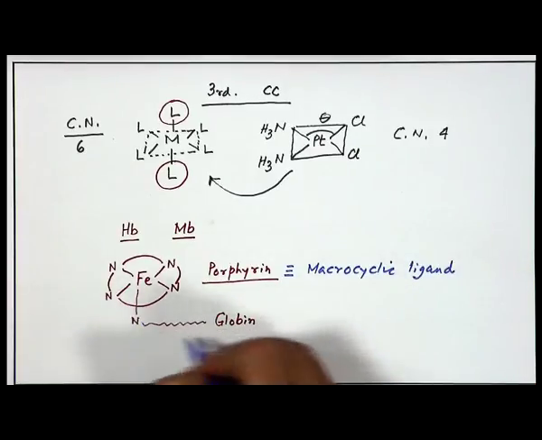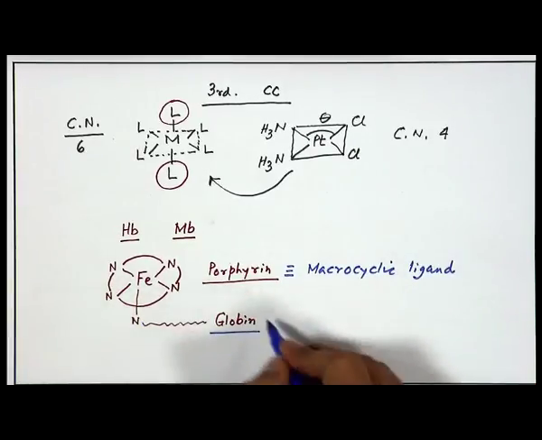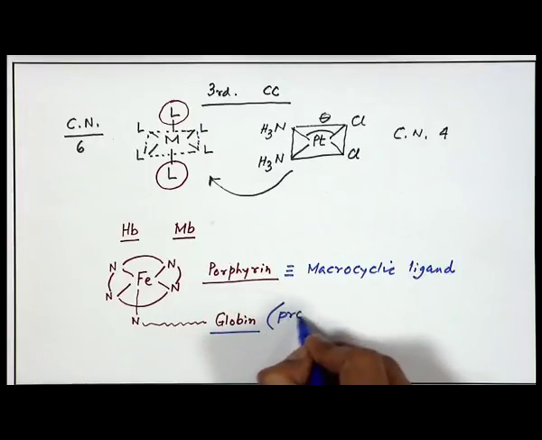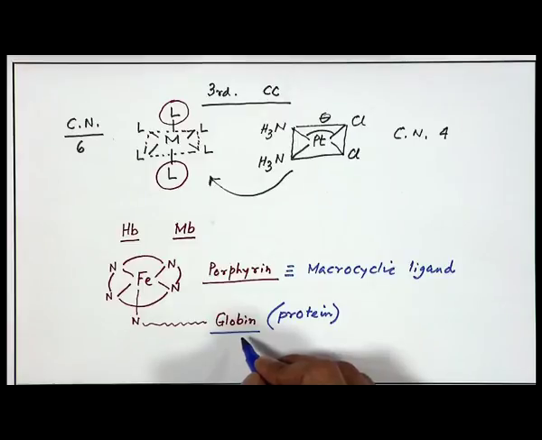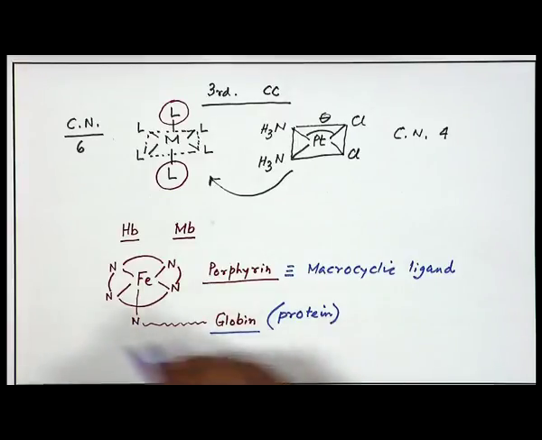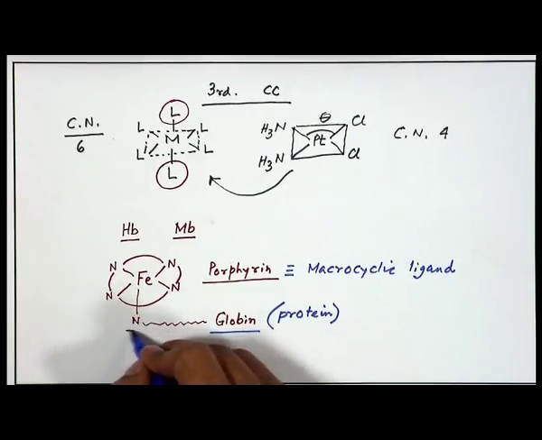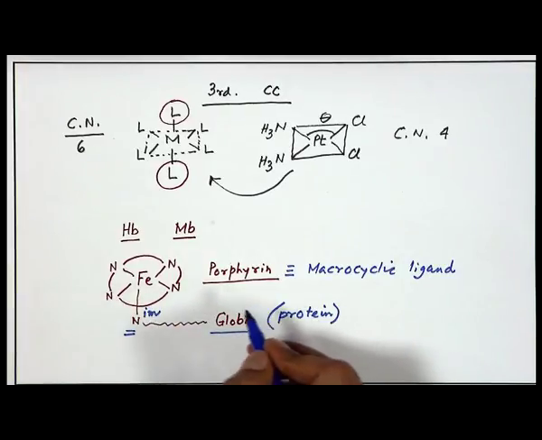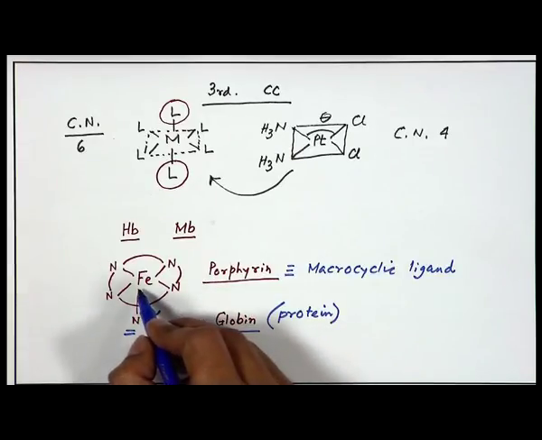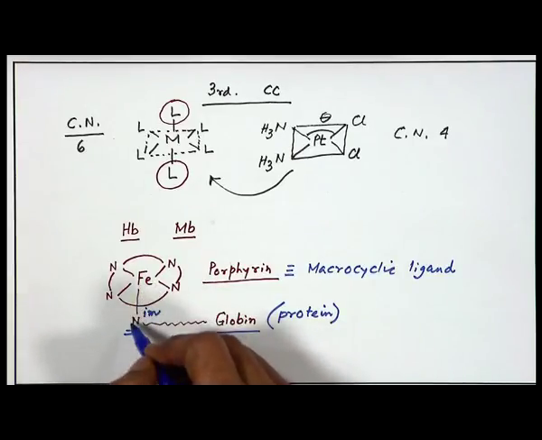Then comes the connectivity towards the protein chain, the globin chain, which is functioning as a monodentate ligand because it is providing one nitrogen from the imidazole ring of the amino acid of the protein chain, coordinating to the 5th coordination site of iron.